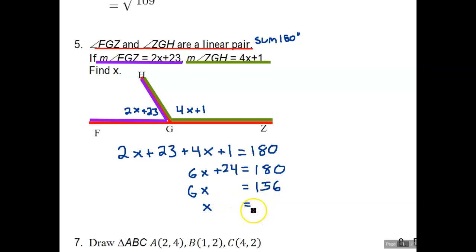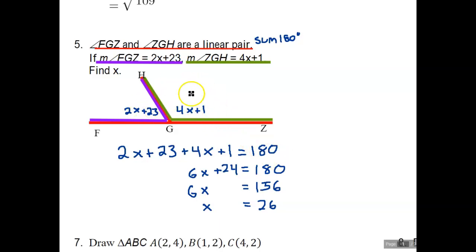Let's see, 156 divided by 6 gives 26. So x equals 26.